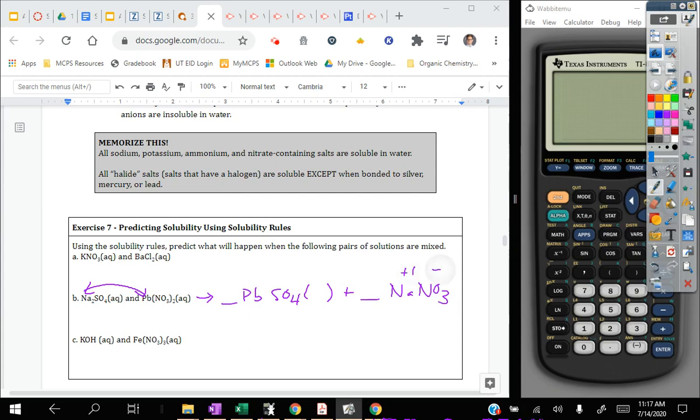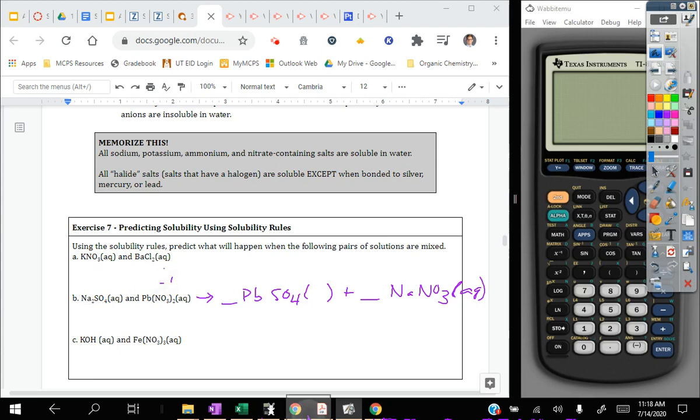Nitrate and sodium is +1, -1, so those charges are balanced. And it is both a sodium and a nitrate containing salt, so this is definitely going to be aqueous. We have to look back at the charges here for lead nitrate to figure out my charge for lead. Remember, this is a transition metal.